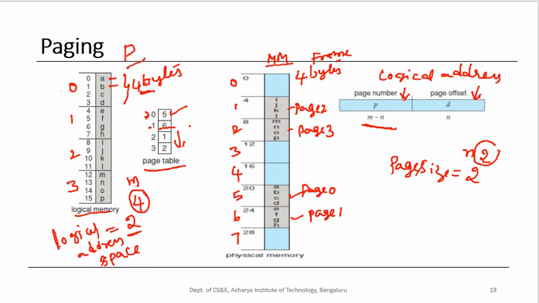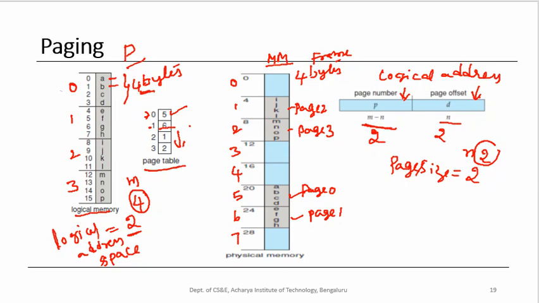That is m minus n. In this case it is 2. So 2 to the power of 2 is 4. We can say that the process will have 4 pages, 0 to 3, and the value of n is also 2 in this case. So inside every page there will be 4 locations, that is 2 to the power of 2 is 4.